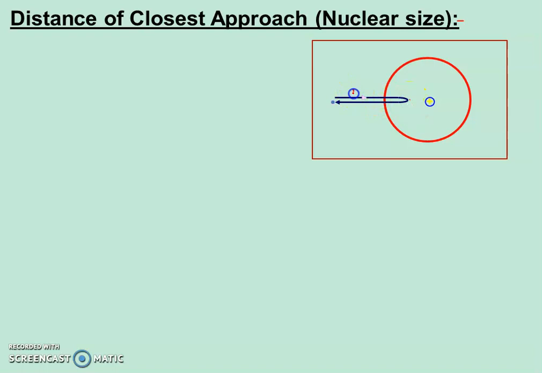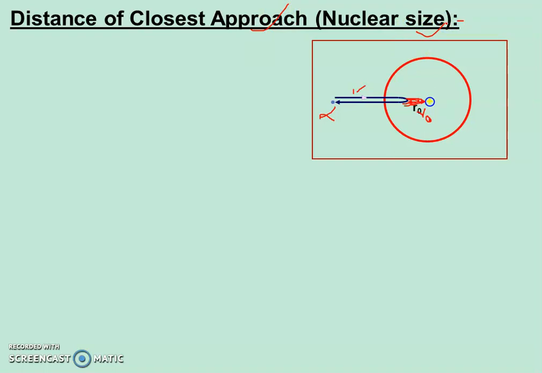But if we increase its kinetic energy, it will go closer to the nucleus. If we increase the kinetic energy again, it goes closer and almost touches the nucleus. Then the distance between the alpha particle and the nucleus will be r0. r0 means the closest approach. So from this concept we get the size of the nucleus.